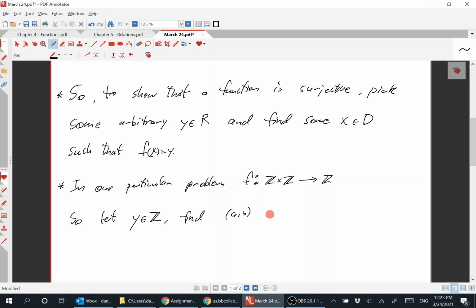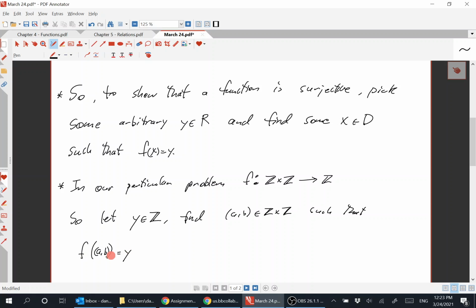Find a, b in Z cross Z such that f of (a, b) is equal to y.